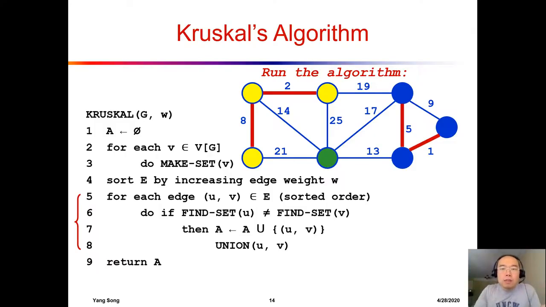And guess what? We just keep on taking all the local best choices, and we just combine the local best choices together. And guess what? Eventually we have a minimum spanning tree. This is a minimum spanning tree, which is a global best solution, right?